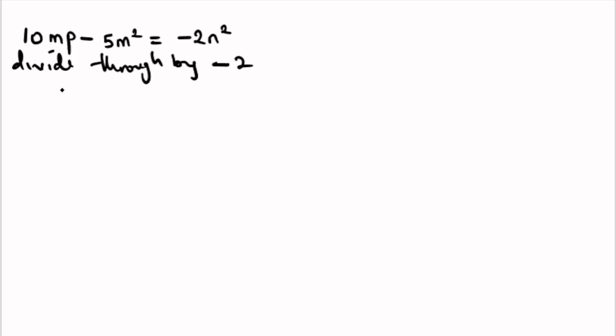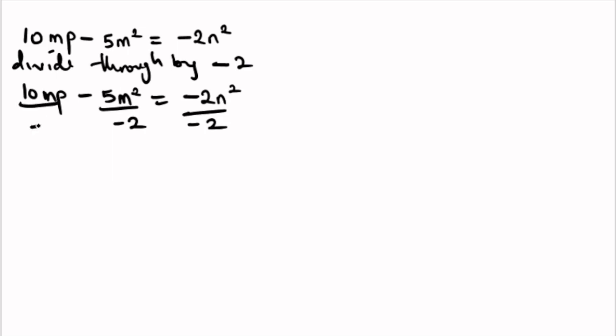So dividing through by minus 2, we'll have 10mp minus 5m squared equal to minus 2n squared. Divide by minus 2, divide by minus 2, divide by minus 2. So on the left hand side, 2 here 1, 2 in 10 gives us 5. Because we have minus at the denominator, it will actually affect our answer, which will become minus 5mp.